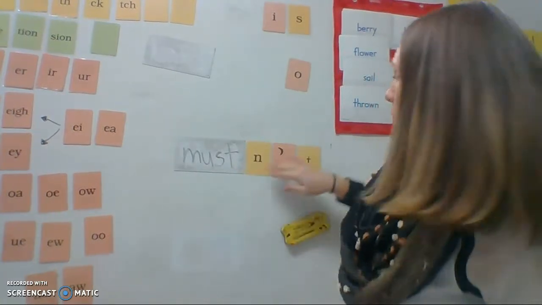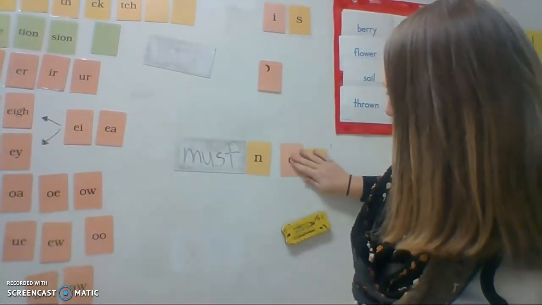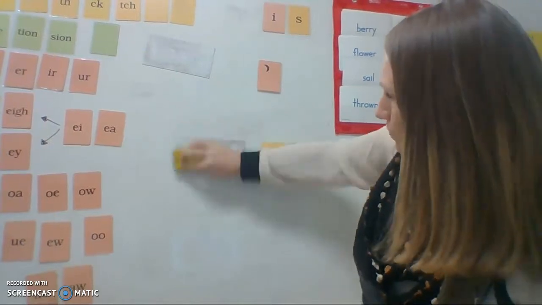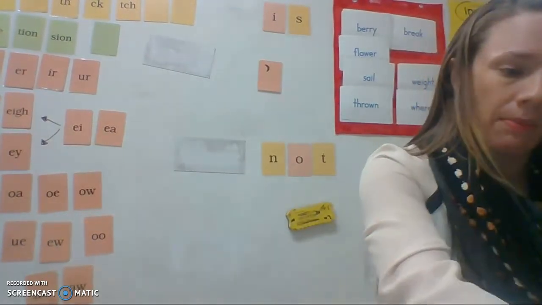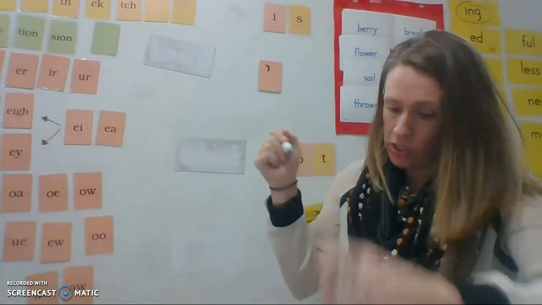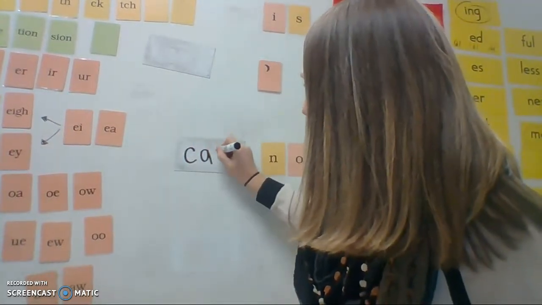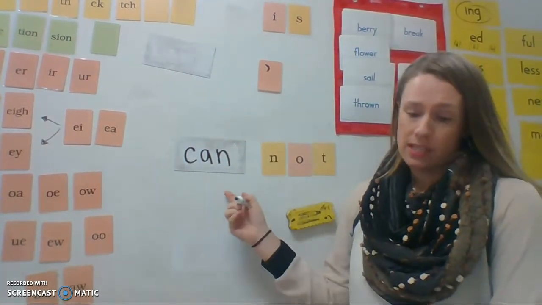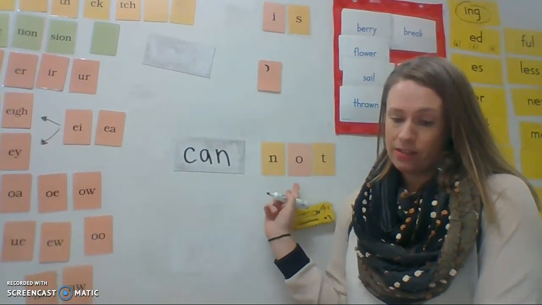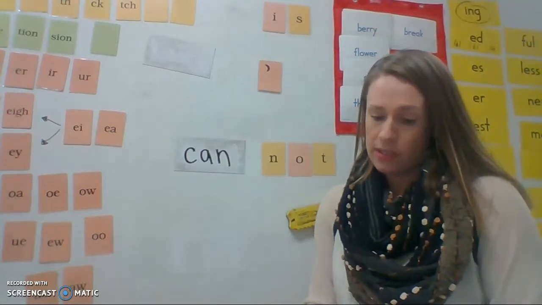Here's another tricky part with not. I'll bring my not back over here. Let me erase must and change it to the word can. What does it say? Can not. Okay, so take a look.